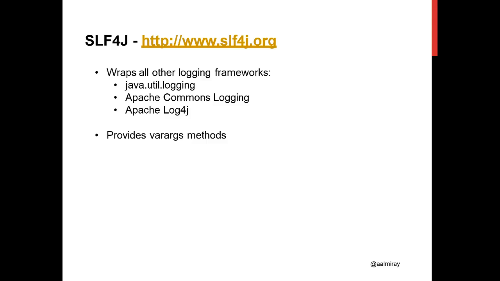So what are you going to do? Would you have to configure every single one of them? No, it would be better if we can configure just one. So what happens with SLF4J and Log4j2 is that every single logging call that you find in the other frameworks is funneled into one single API. And that single API is SLF4J. So you can configure all of them in just one place.